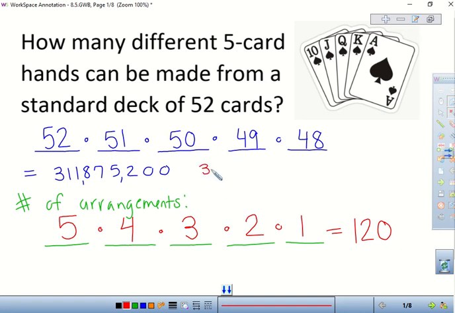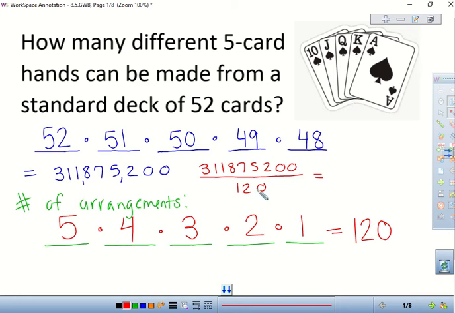So we have to take this amount and we have to divide it by what? 120. Because that will take away the double counts of all the arrangements that we're doing. Because like I said, if I have a hand of 10, Jack, Queen, King, Ace, I don't care what the arrangement is. It's still whatever the hand is.